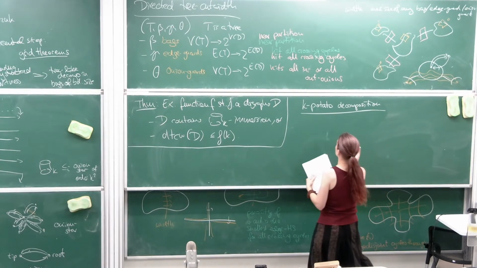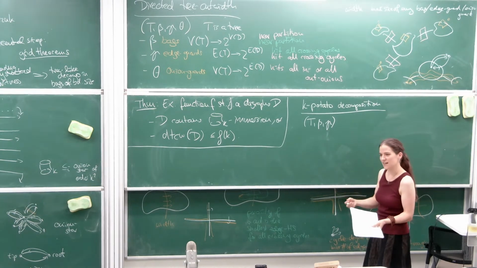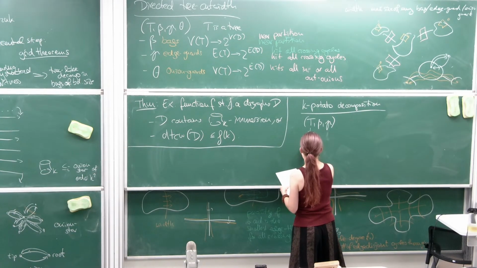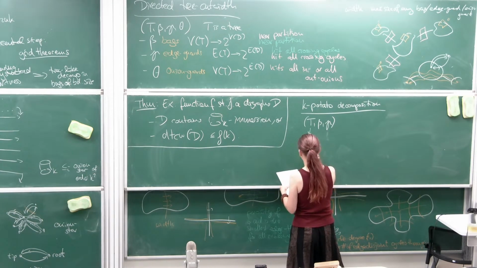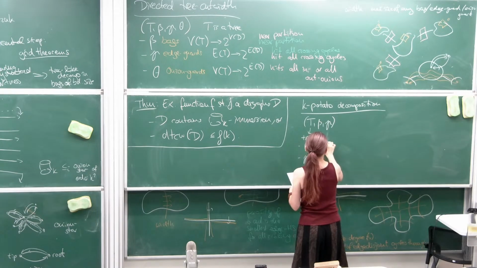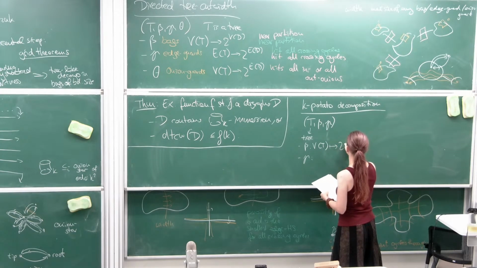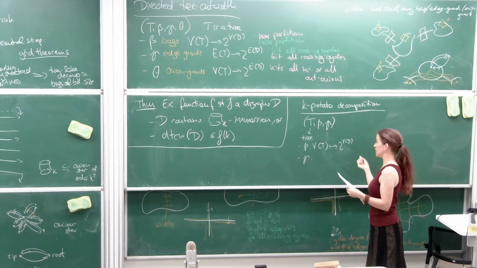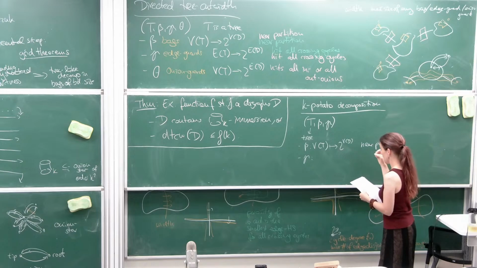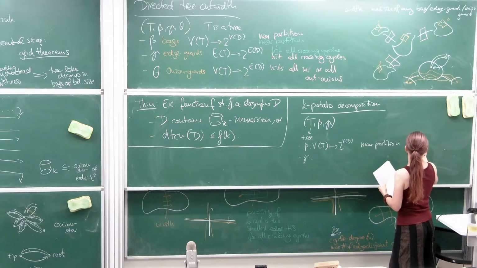So K-potato decompositions, yet another decomposition, so it's a tree and it has functions. The way you would actually expect, the function beta again maps vertices of T to vertex sets of D in a way that it is a near partition. And now, because we have this K, we want this to be K-flow connected.